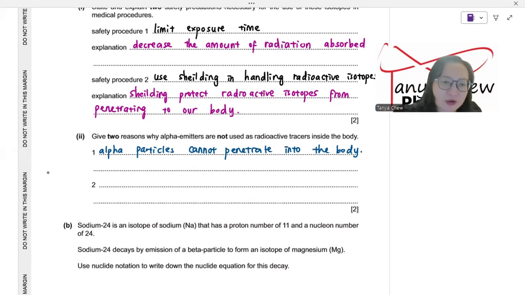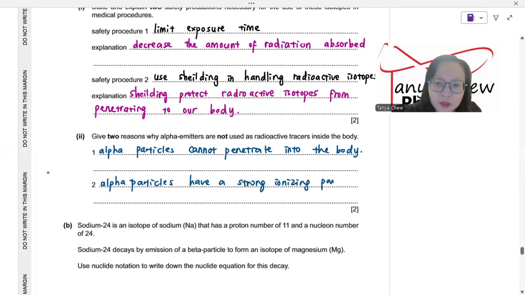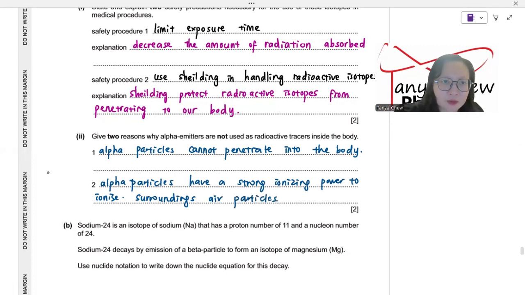So I would say alpha particles have a strong ionizing power to ionize surrounding air particles.